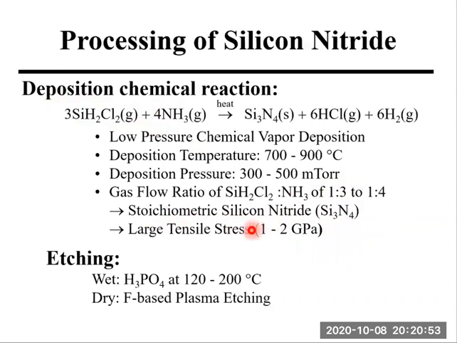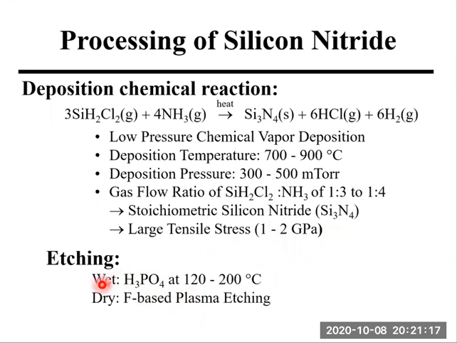And this silicon nitride has a very large tensile stress, 2 gigapascal. So stoichiometric silicon nitride can easily crack due to its large tensile stress.